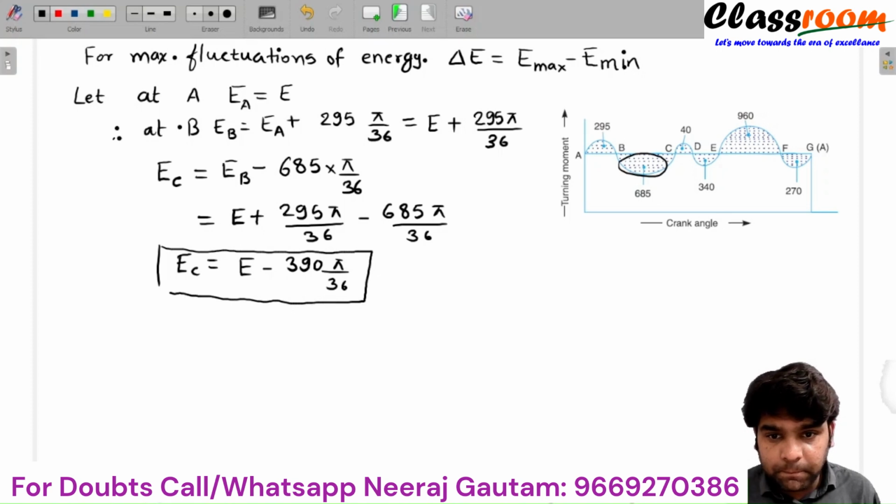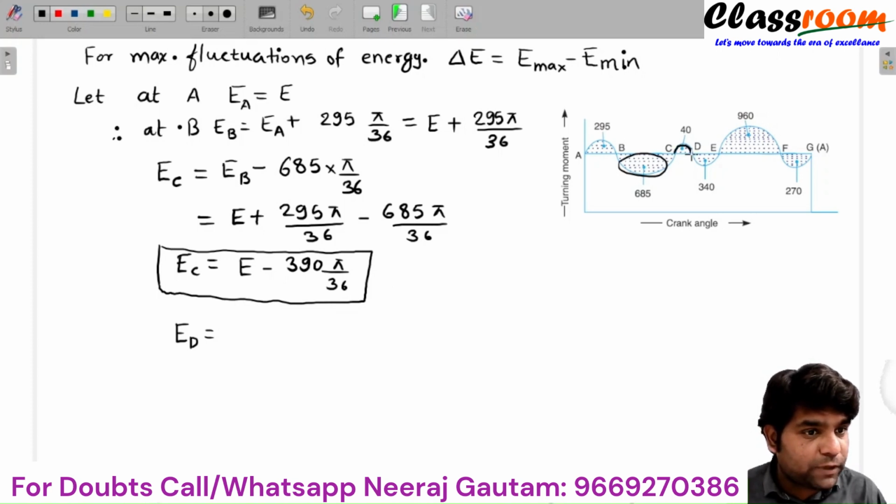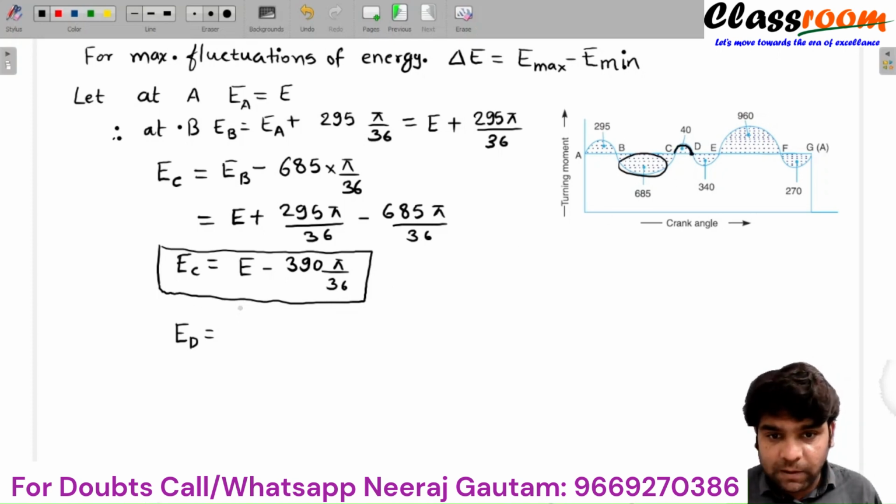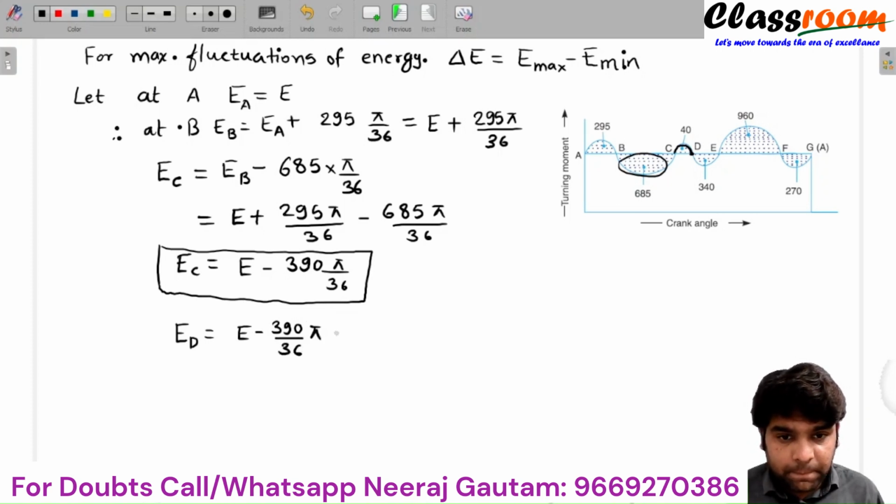Similarly, ED, that is the energy at point D, again we will add this area of 40. So E minus 390 by 36 pi plus the 40 pi by 36 is added here.